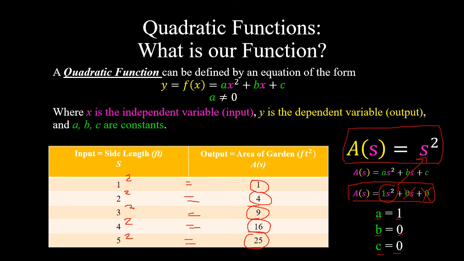It's just that our b and our c constants are 0, so we don't see them, okay? So this is the quadratic function where a equals 1, b equals 0, and c equals 0. So here we have our quadratic function, A of s equals s squared, all right? So that's the function we're going to be dealing with for this launch.